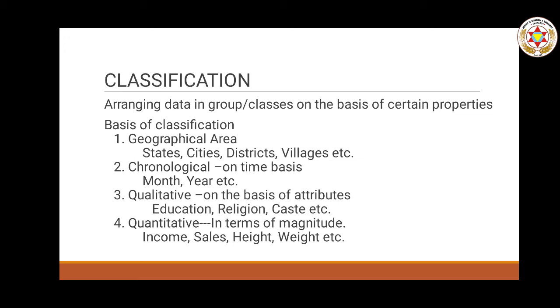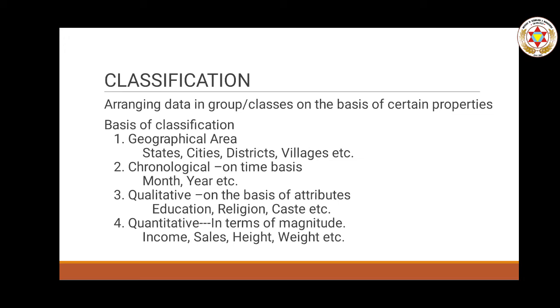certain properties. The basis of classification can be geographical, area-wise, like states, districts, cities, villages, or chronological, on a time basis. It could be year, month, week, and so on.